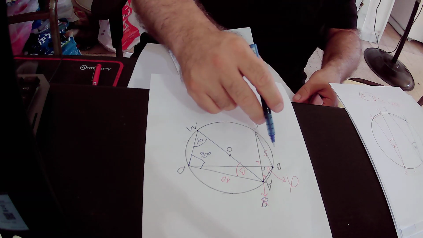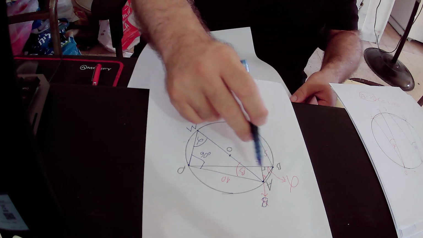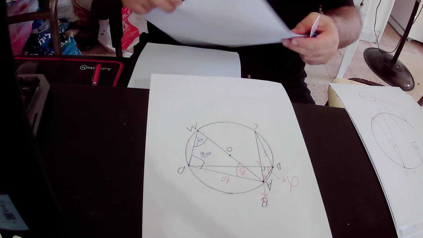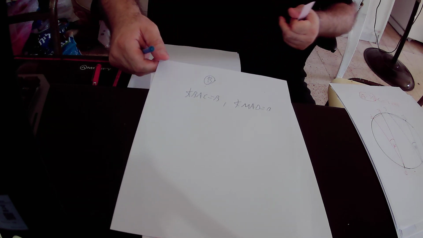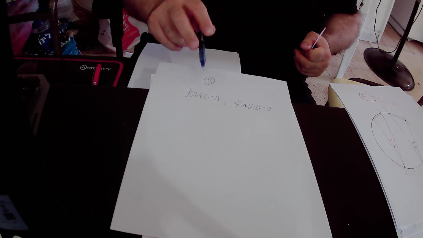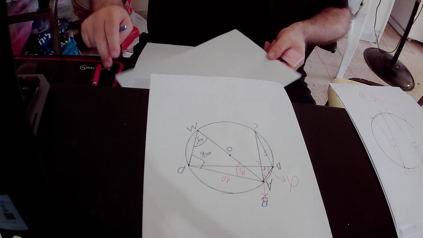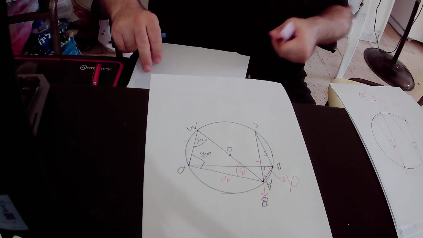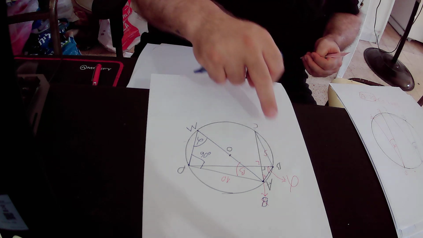Angle BAC equals beta, and also angle MAD equals beta. So we have two peripheral angles that equal each other. So according to rule number 3, they both rest on the same chords.